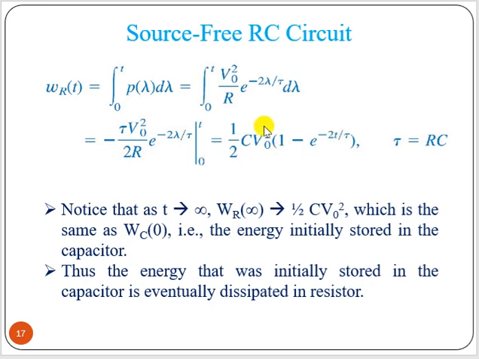Now in this term, if we put t equal to infinity, what will happen? The exponent goes to minus infinity, which is nothing but 0. So the energy at infinity will be half C V square, which is the same as Wc0, the energy initially stored in the capacitor. Thus the energy that was initially stored in the capacitor is eventually dissipated in the resistor.